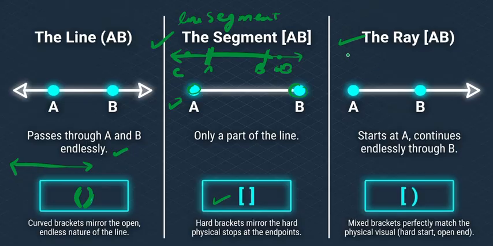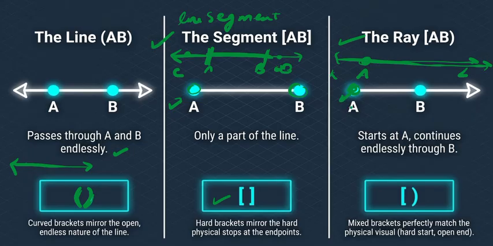Okay, so next is our ray. If we have a line like this, K and L. Okay, if we take a point A here and then we take the complete line which is going on the right side infinitely, the ray starts from the point A and it has no ending point.